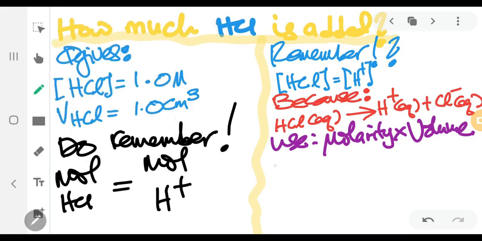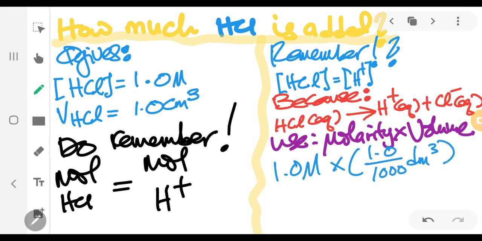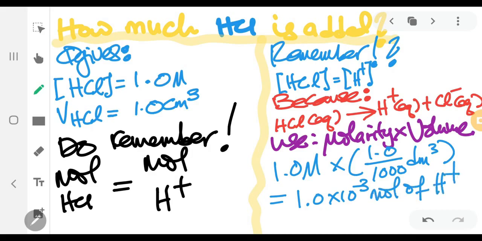So we have 1.0 molar, times 1.0 over 1000 decimeter cubic, and the number of mole will be 1 times 1.0 times 10 to the power of -3 mole of H plus.